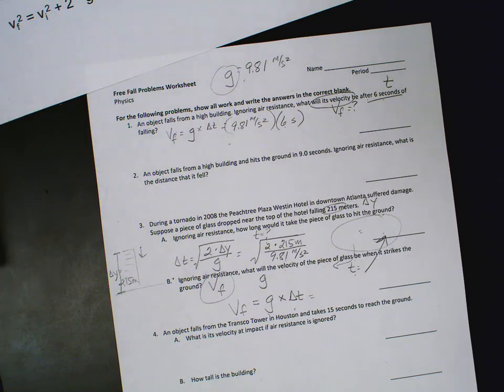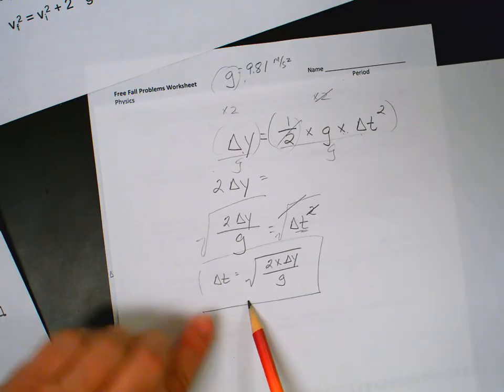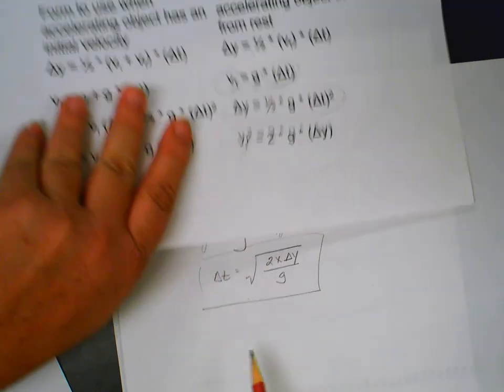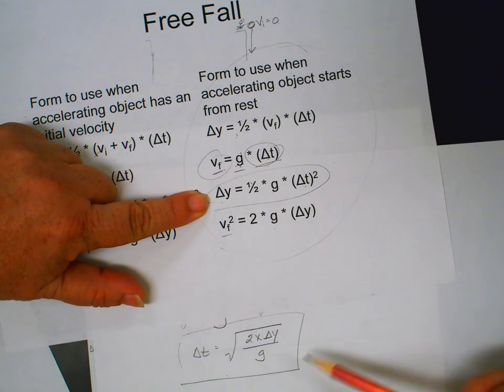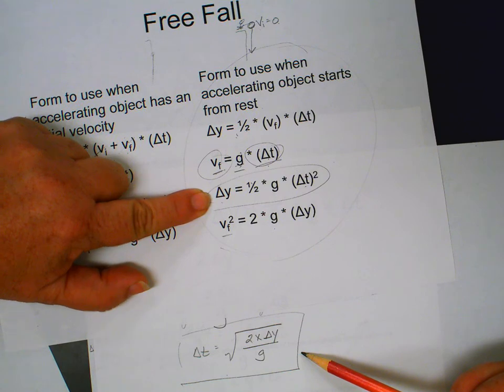Okay, let me see if there's any other more difficult ones. No, other than using this equation, which is the exact same equation as this, but instead of solving for the vertical difference, so how far it fell, the distance, you're looking for time.